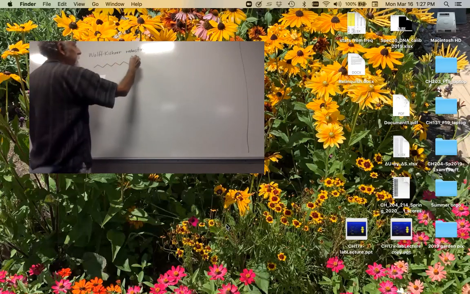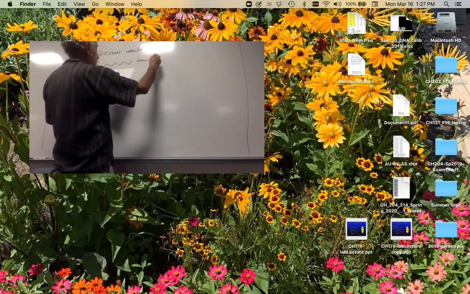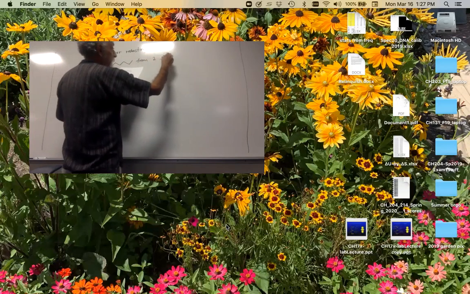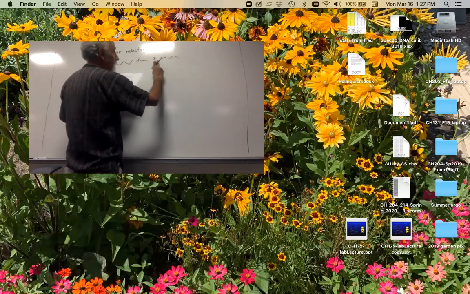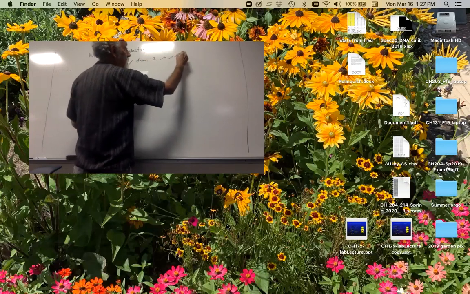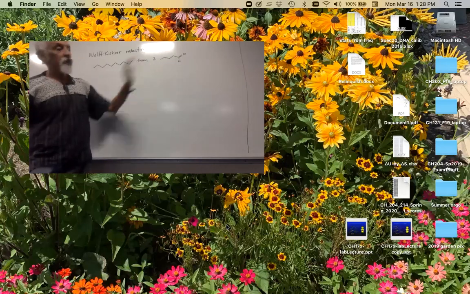Our target is decane, and we want to make this from 2 equivalents of pentanal, this aldehyde, where now all of the carbons in the target must come from these molecules of pentanal.